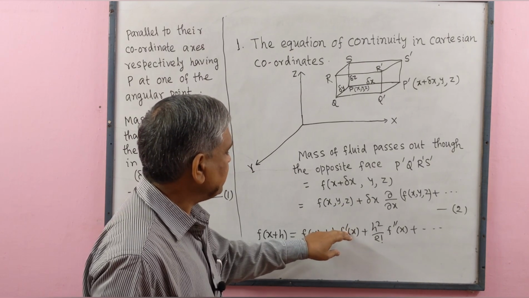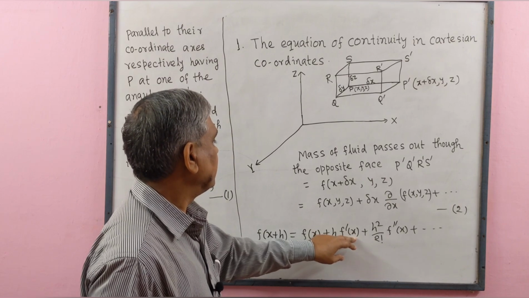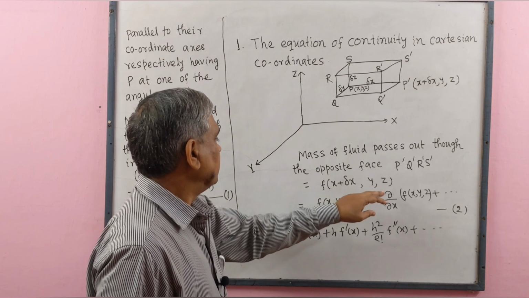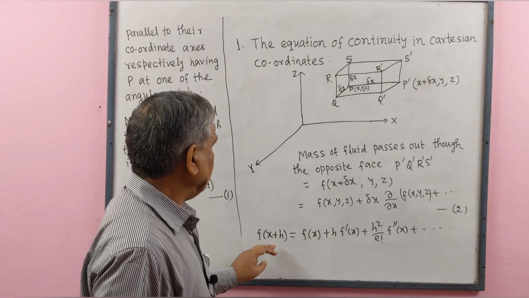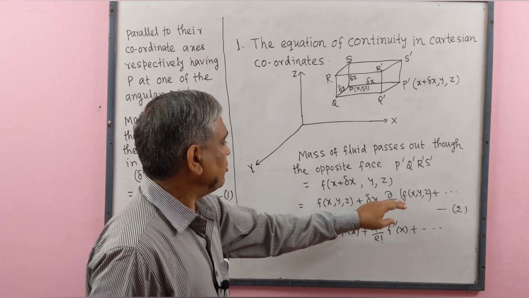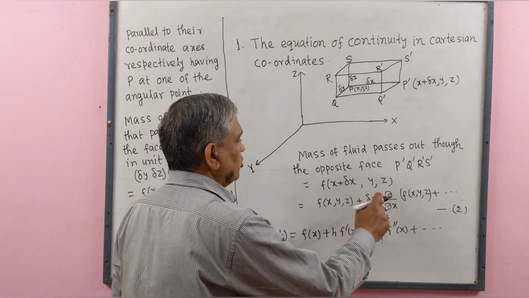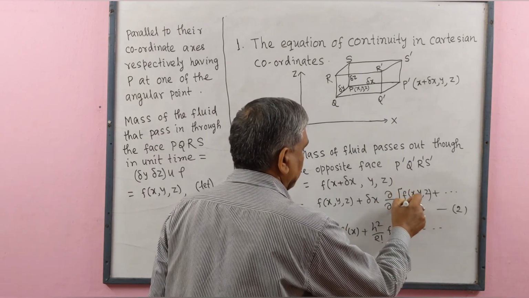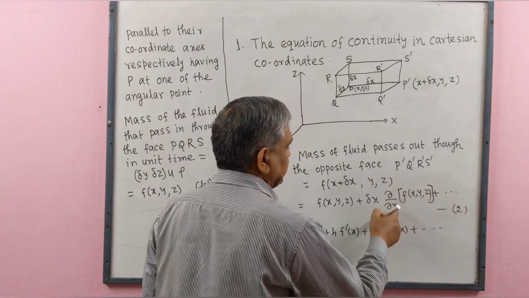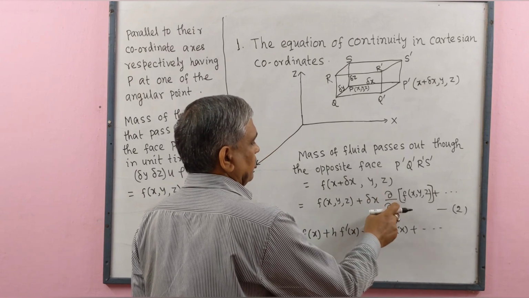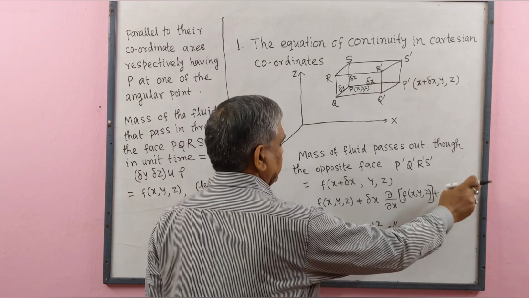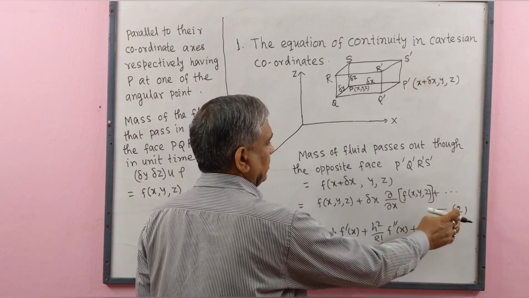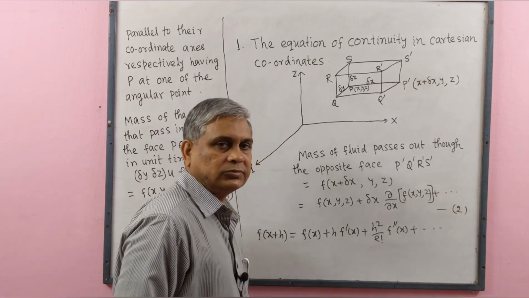Here we have a single variable, but here we have three variables, so we use the partial derivative with respect to x, plus dot dot dot. This is number 2.